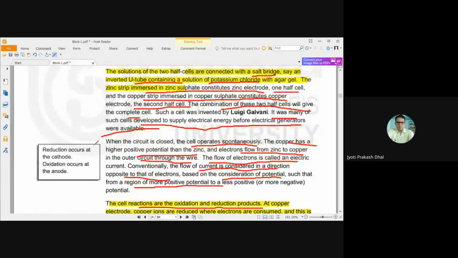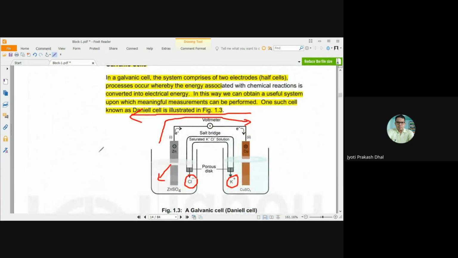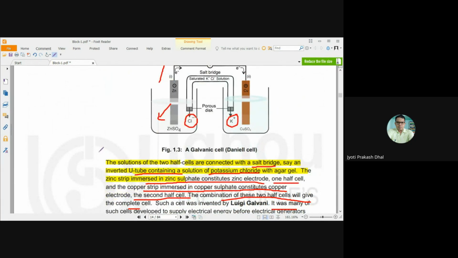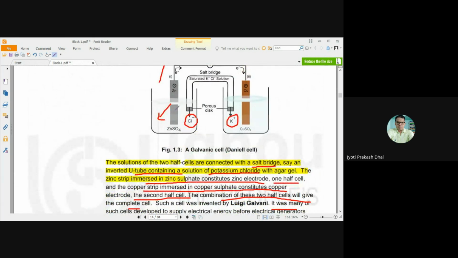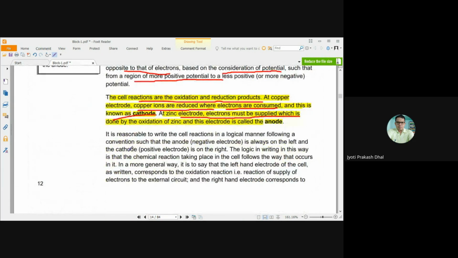And here in the cell reaction, Zn metal or Zn0 is oxidized to Zn2+ by liberation of two electrons, and hence the left hand side electrode will become negatively charged. So the left hand side electrode or the zinc electrode is called the anode, where at the zinc electrode electrons must be supplied, which is done by the oxidation of zinc to Zn2+, and this electrode is called the anode.